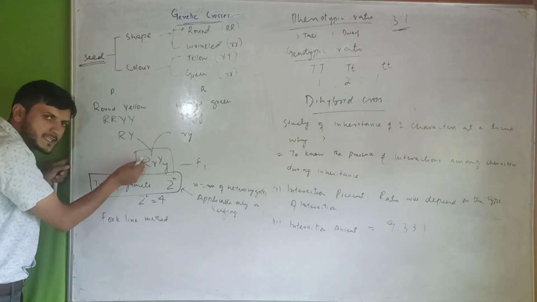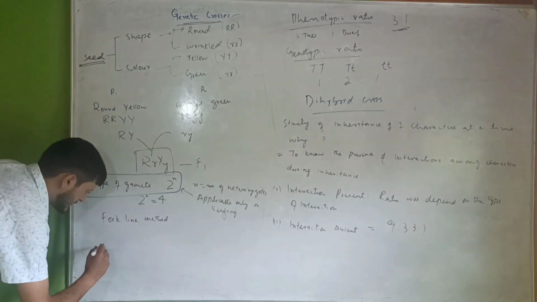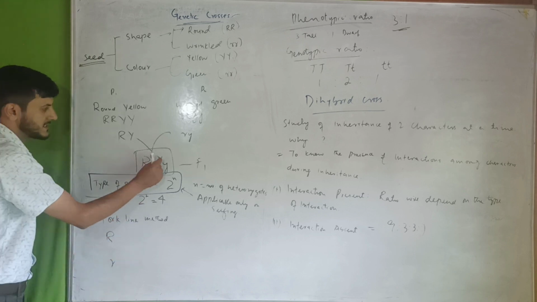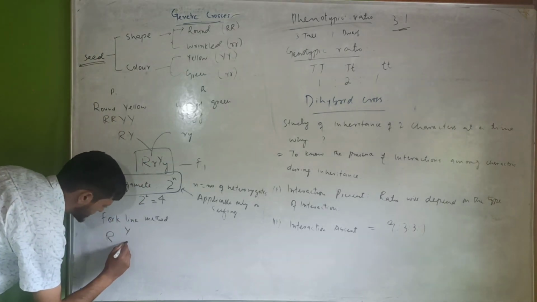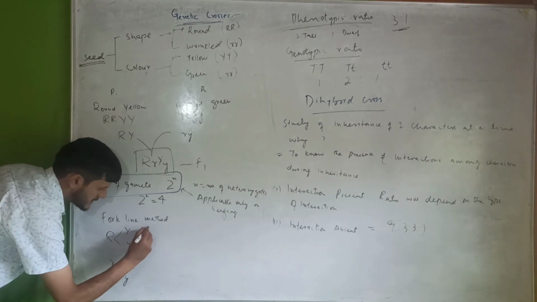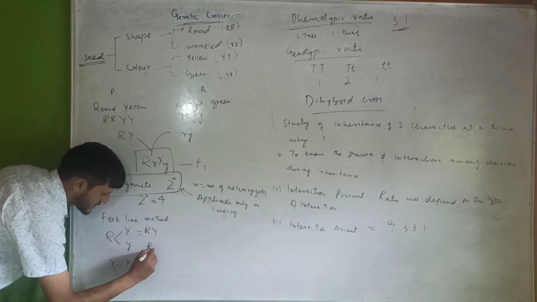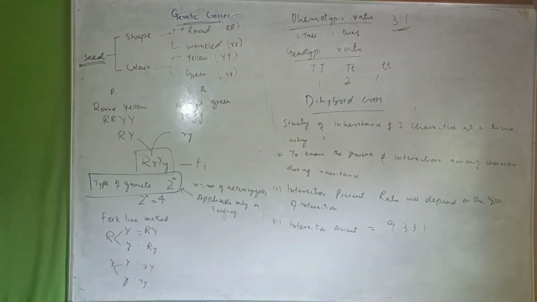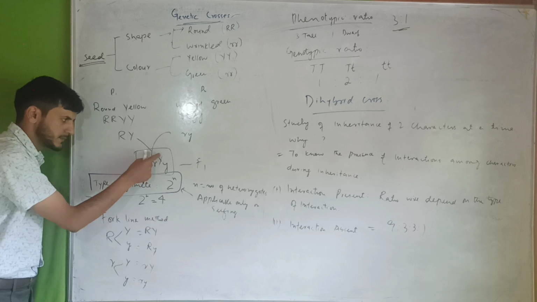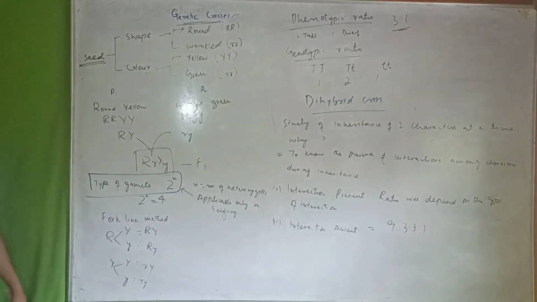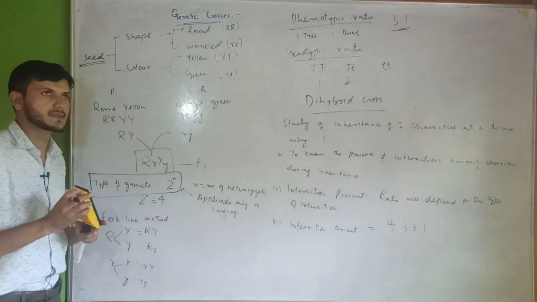In this method, first we take this character, 2 alleles, capital R, small r, and then capital Y, small y for each. The gametes are capital R capital Y, capital R small y, small r capital Y, small r small y. 4 different types of gametes are produced from the F1 hybrid.